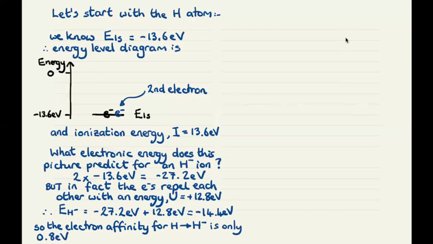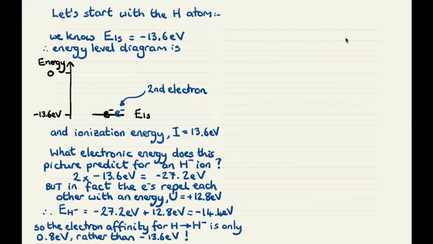It's the minus 13.6 plus 0.8 gives us 14.4, rather than minus 13.6 electron volts, which is the number that we would have for the electron affinity if there were no electron-electron repulsion.